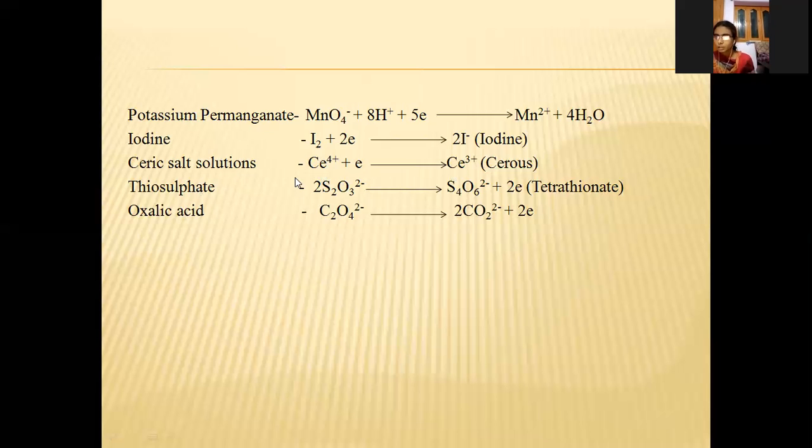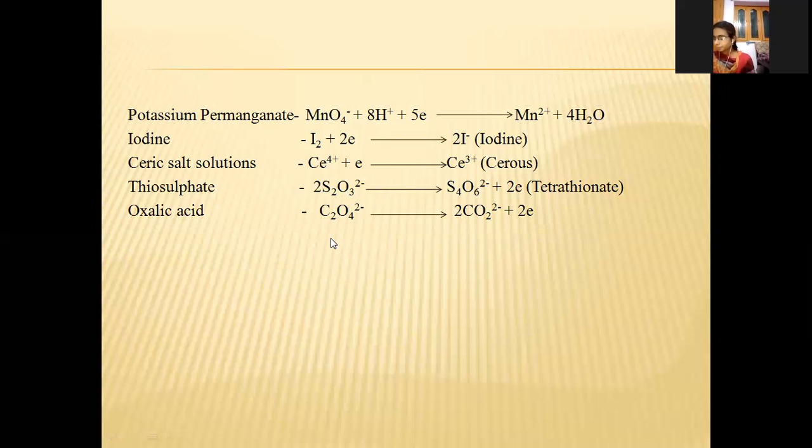Next, thiosulfate: two thiosulfate molecules form tetrathionate. Here there are 4 sulfur atoms and 6 oxygen atoms, so the equation is balanced.